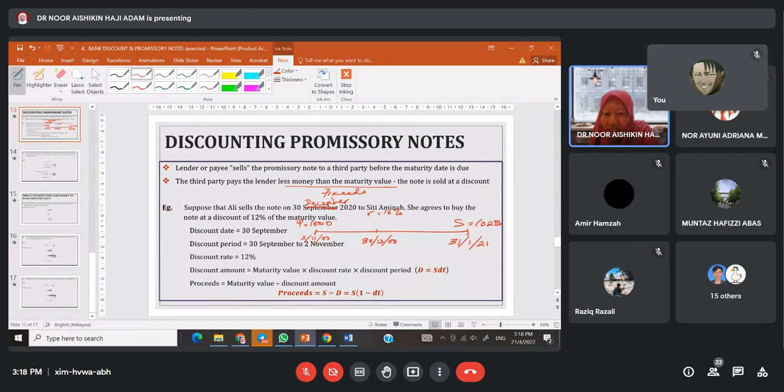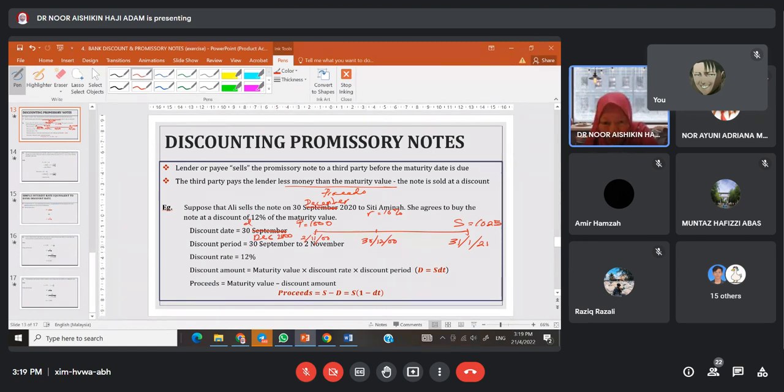She agrees to buy the note at a discount of 12% of the maturity value. So ini adalah your discount rate, D. So the discount date kat sini 30th, bukan September, December 2000.